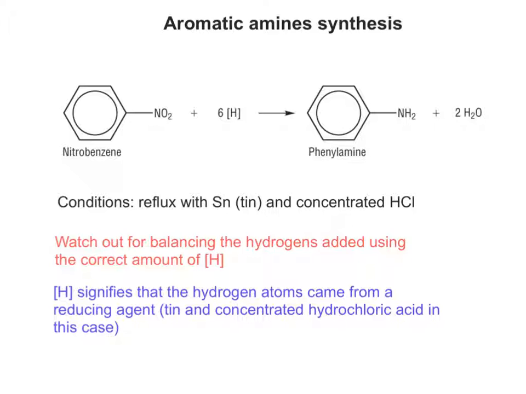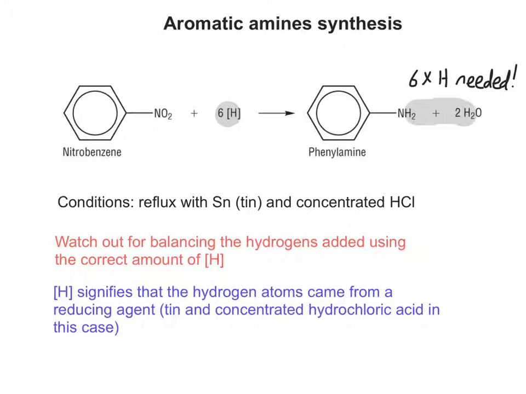We've got to be a little bit careful in that if we're going to be adding hydrogen, we make sure we're adding the right amount, because if you look at the number of hydrogens that you actually need, you need 6. If you're doing this one, do watch out for balancing.